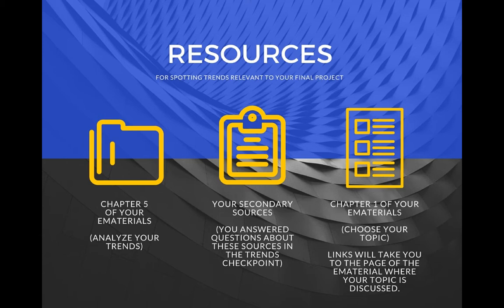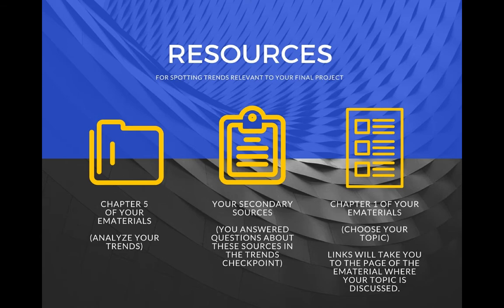For example, go back and look at previous material in your e-materials. Go to chapter 5 and go to the Analyze Your Trends section. Also visit the questions about the sources in the Trends Checkpoint section.